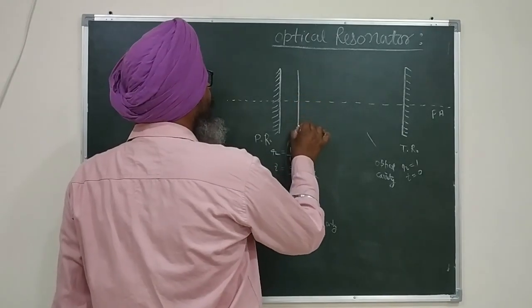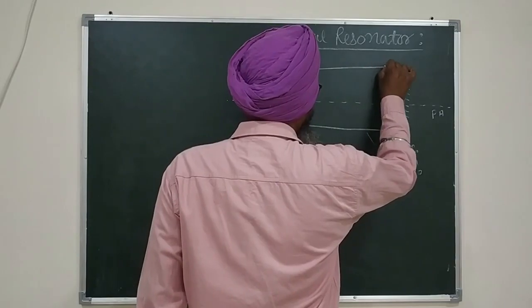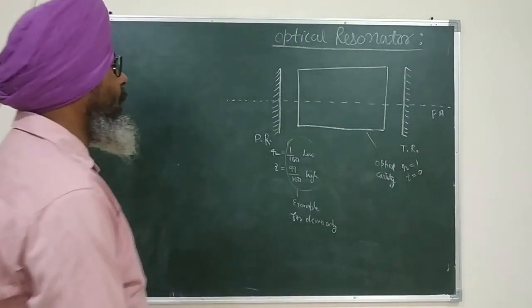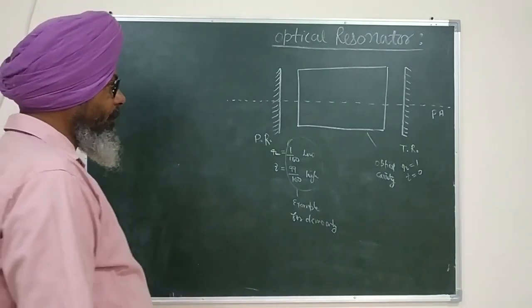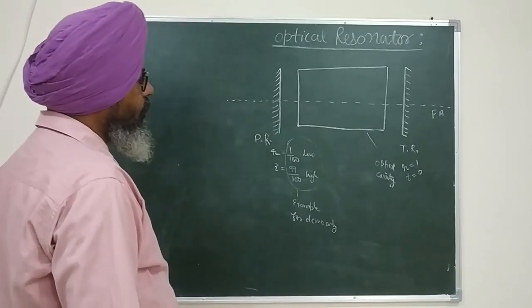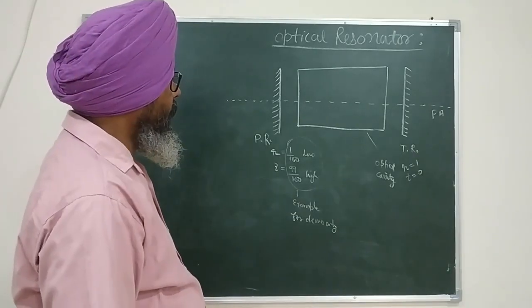I will show this lasing medium with the help of a rectangle. We will place the laser medium or lasing medium in the optical cavity. So this is the lasing medium. It is placed in the optical cavity, and you know that in a laser medium there are two different kinds of medium. One is the supporting medium and the other is the active medium.